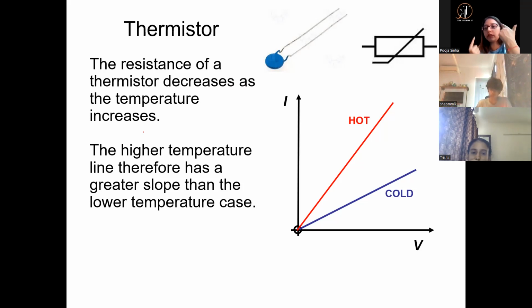This is very important to remember. The higher temperature line therefore has a greater slope than the lower temperature.